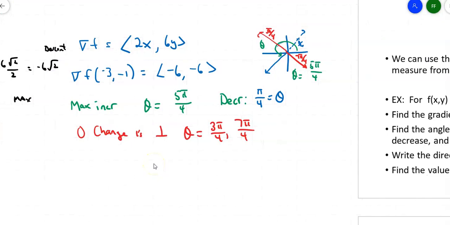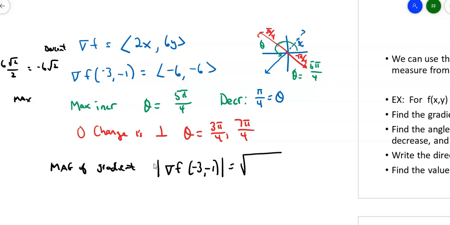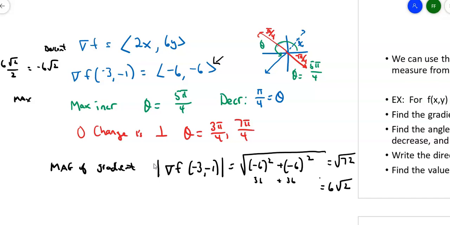So the magnitude of the gradient at -3, -1 is just going to be the square root of, right, here's our gradient, right there, -6 squared plus -6 squared. So the square root of 36 plus 36, square root of 72. Hey, we can simplify that as 6 square root of 2.